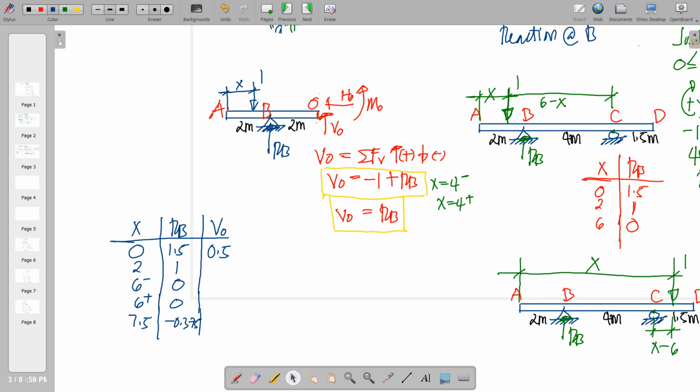And then when substituting 2 here, when x is equal to 2, the applicable equation here is still within the boundary of x equal to 4 minus, and we are going to use this equation. So when x is equal to 2, your RB will be equal to 1, and then VO is negative 1 plus 1, that will be equal to 0.